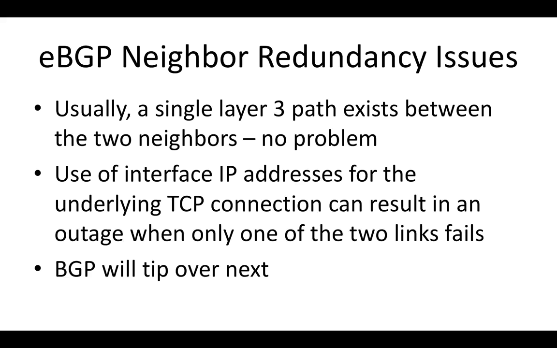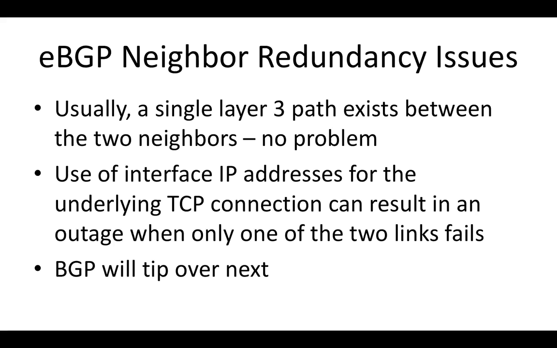So just a few more things here with BGP that we'll talk about in the basics of it. Typically, if we just have a single layer 3 path between two neighbors, so just one physical connection between two neighbors each, it's not going to be a problem that way. If we have multiple paths between those ISPs like we looked at in the previous example, we're going to use the interface IP address for the connection.